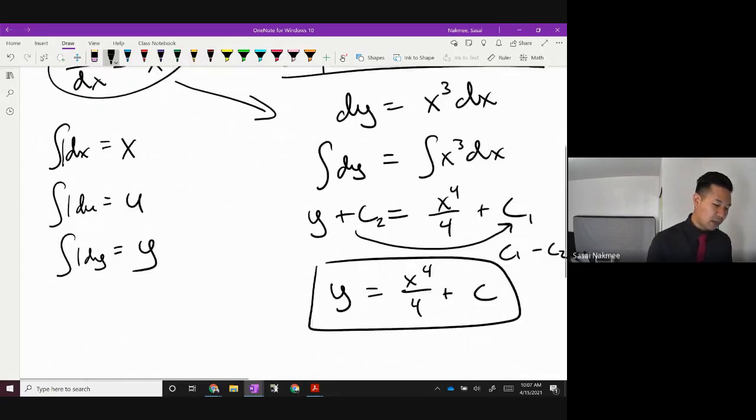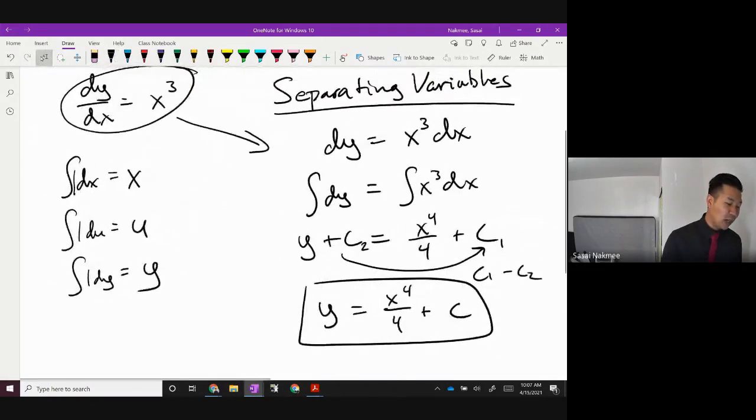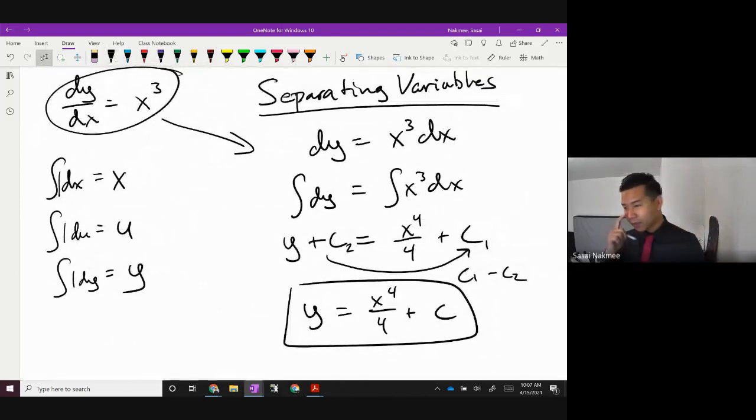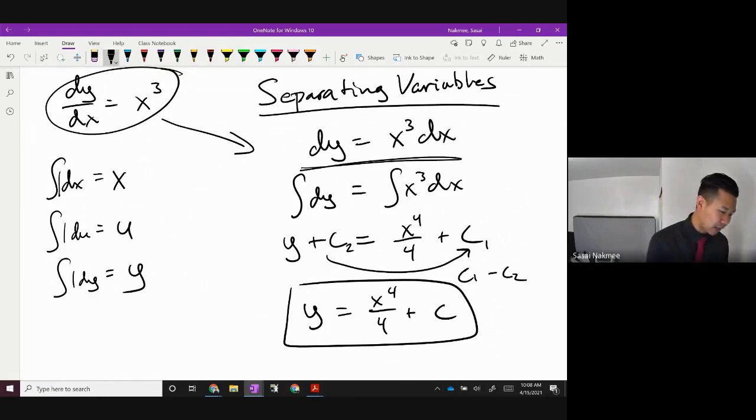This now shows you what you're doing when you're doing those integrals. And I show it to you like this because not all differential equations are going to come out looking this straightforward. This is a nice explicit form for us to take the antiderivative to get the original equation, right?